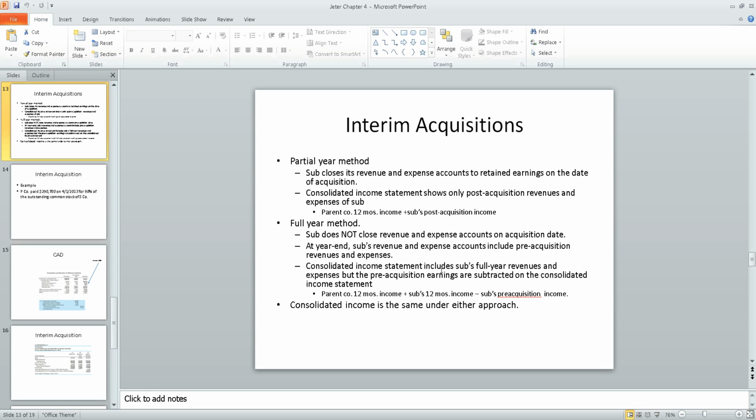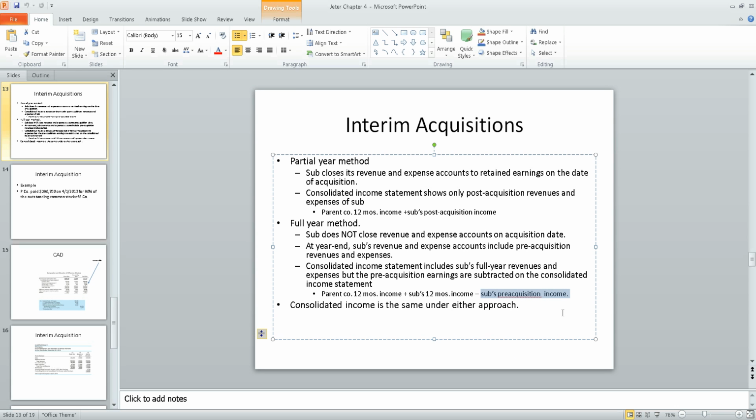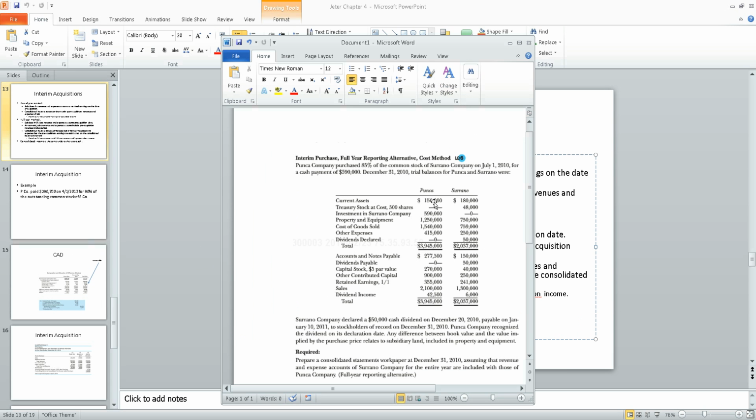As a compensation, there is a subtraction on the consolidated income statement for the sub's pre-acquisition income. That is, the income earned by the sub before the acquisition occurred. The consolidated income is the same under either approach. The most common approach is the full year method, and that's what's being illustrated in problem 4-14.